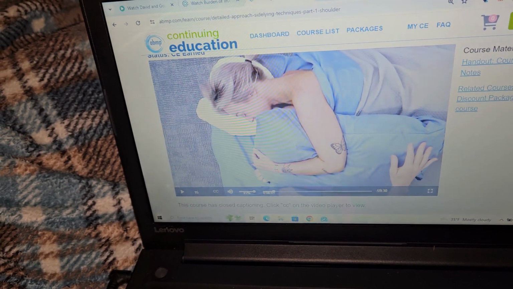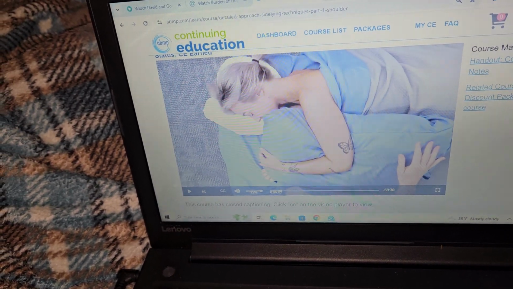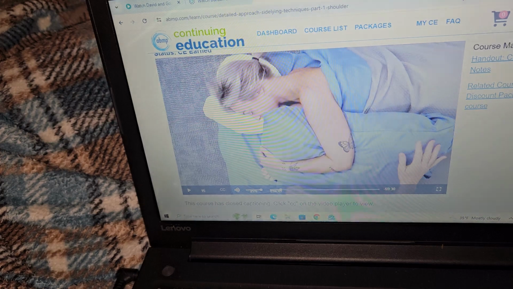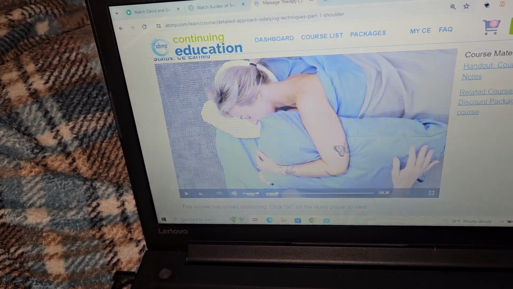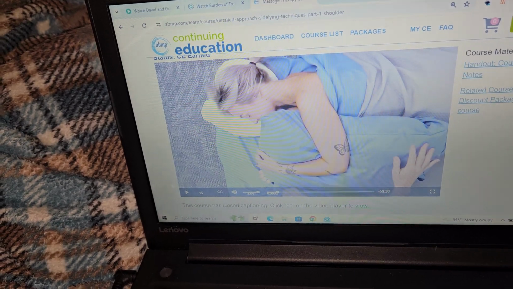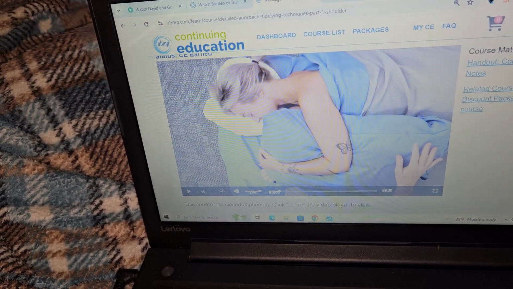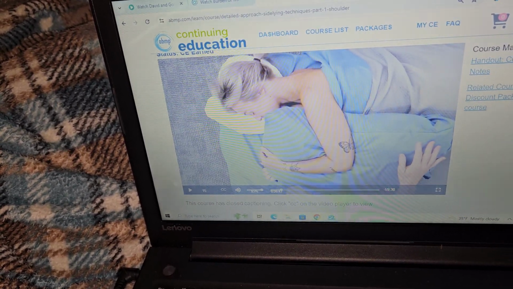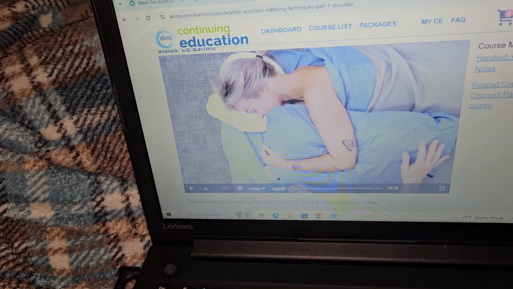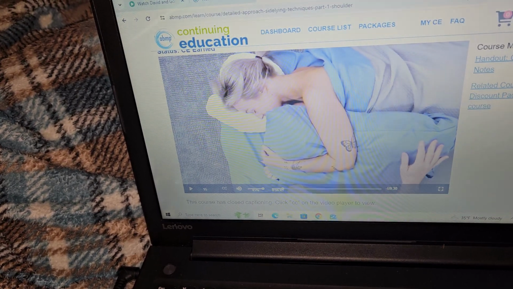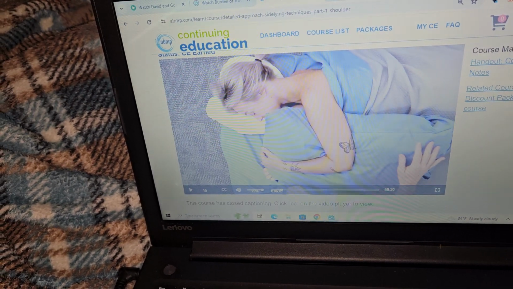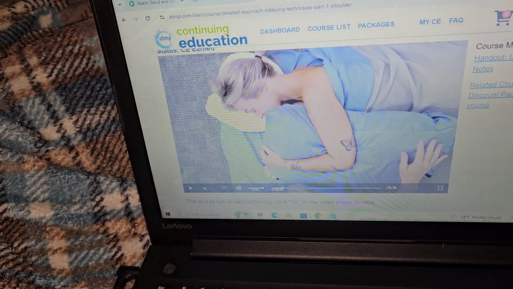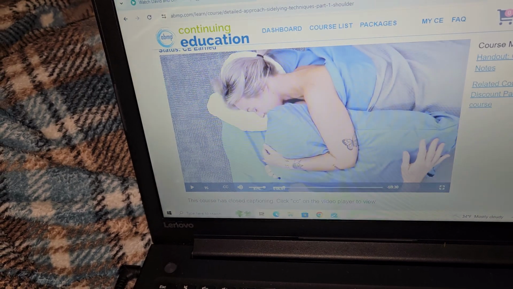So in this video, she goes over external rotation and internal rotation, and adjusting the arm and stuff like that in a sideline position. And she went over my head because my teacher is a chiropractor who focused more on the science stuff than the massage related stuff for myology class.